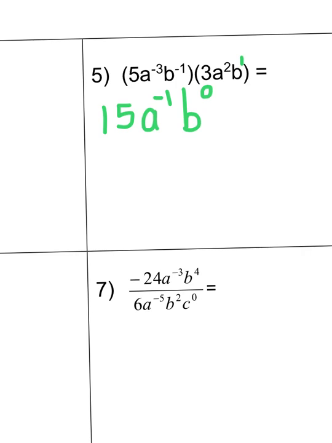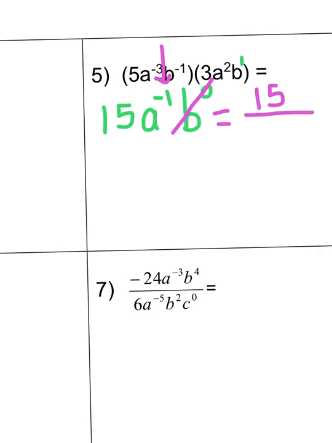What I want you to understand is I don't write b to the 0 power because that would be a 1, and it's not simplified to have b to the 0 power there. Another thing I want you to notice is that this is a negative exponent. We cannot have negative exponents in a simplified answer. So we'll have our 15. He's in the numerator.